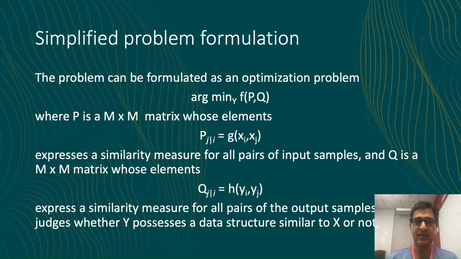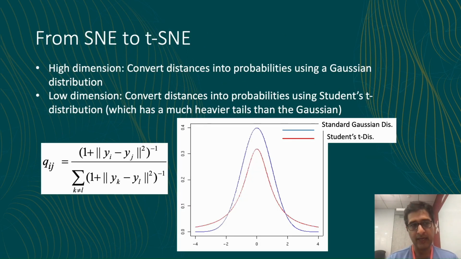And then you define a metric between the matrix P and matrix Q to make sure that they are similar to each other. Coming to how it should look, in the higher dimensional space it is okay to convert distances into probabilities using a Gaussian distribution, whereas in the lower dimensional space, it is better to convert distances into probabilities using a Student's t distribution.